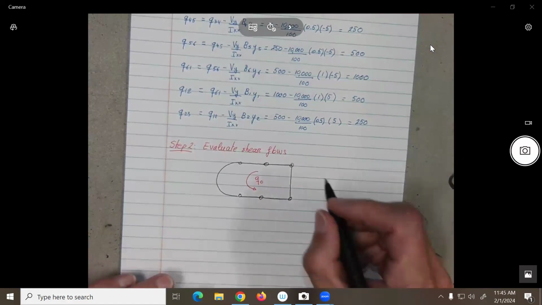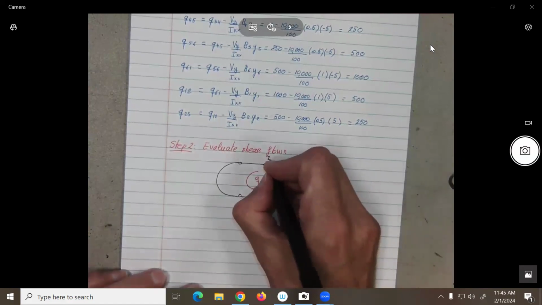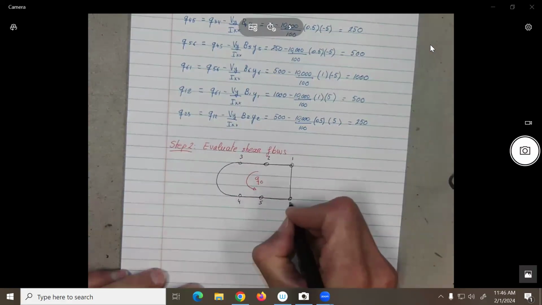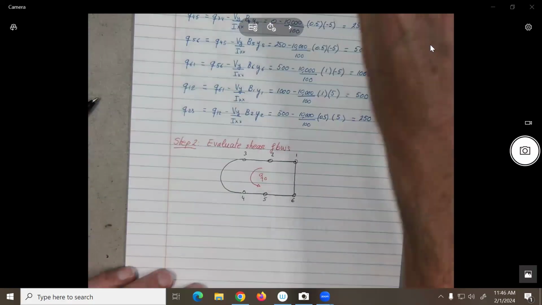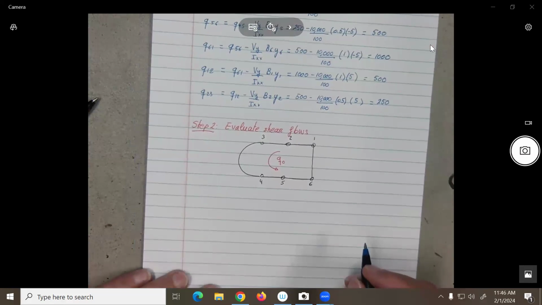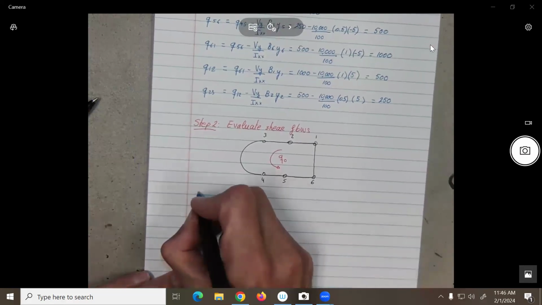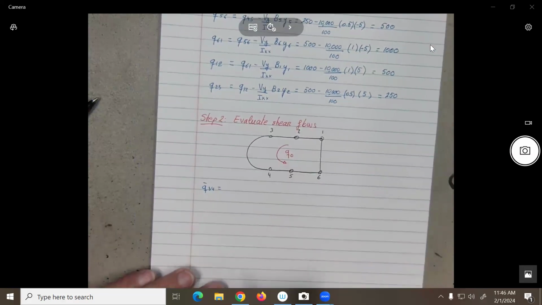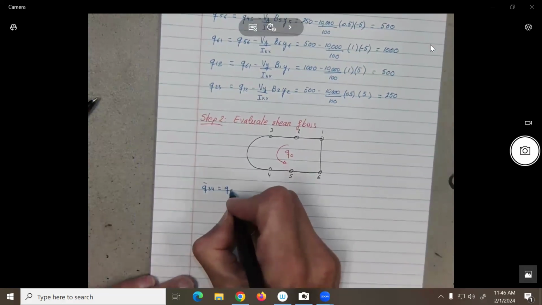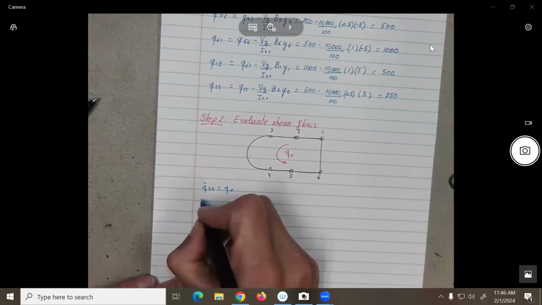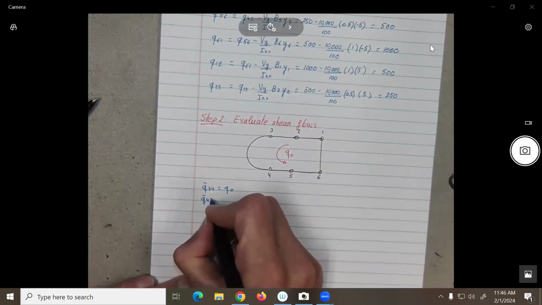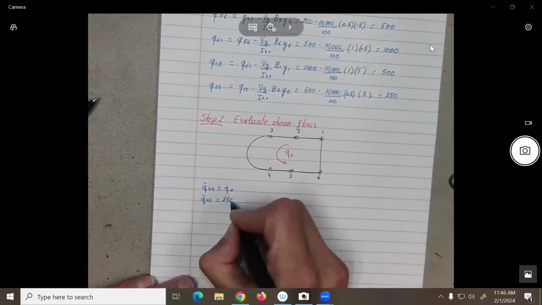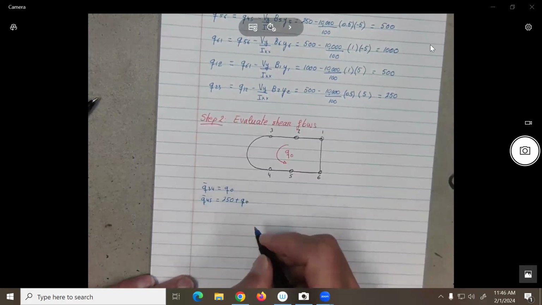So if you want, we do as before, as we did previously. So this is 1, 2, 3, 4, 5, 6. And we're gonna say that, let's see, so Q bar 3, 4 will be equal to what? Q sub naught. Q bar 4, 5 will be equal to 250 plus Q sub naught.